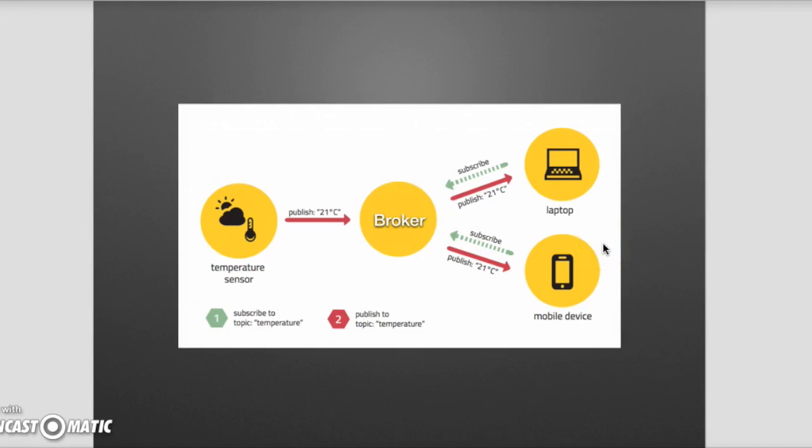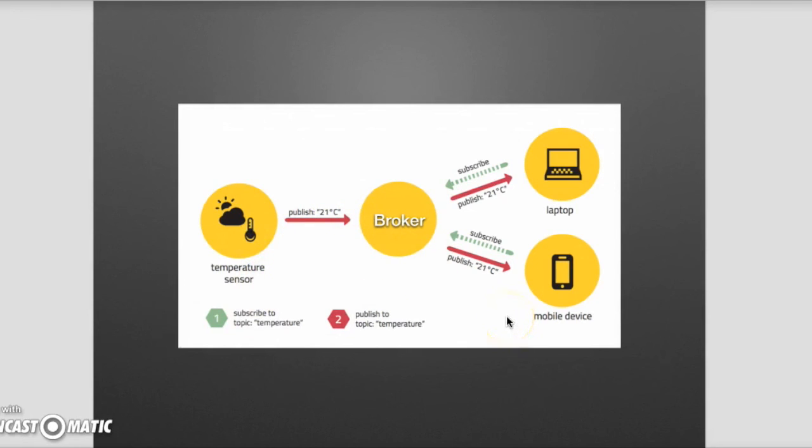So just now, remember I talked about the content-based model, where they filter the messages based on the properties of the events. What it does is the node gets the temperature sensor reading and publishes 21 Celsius.